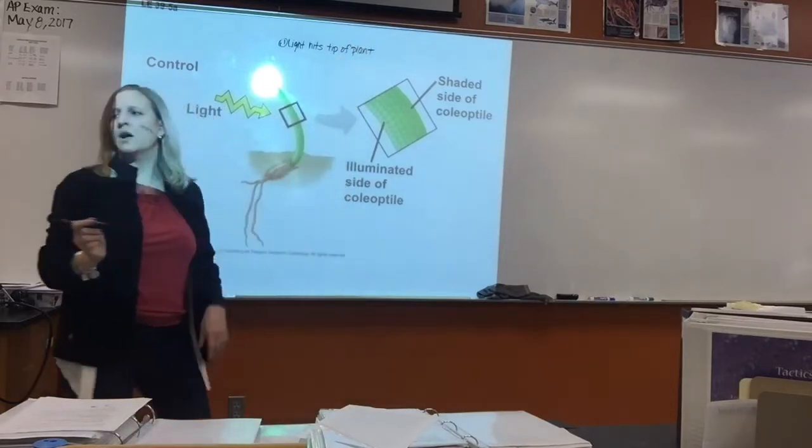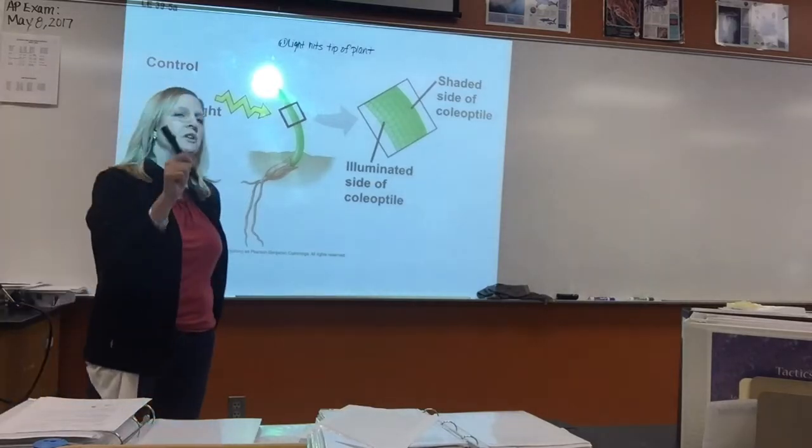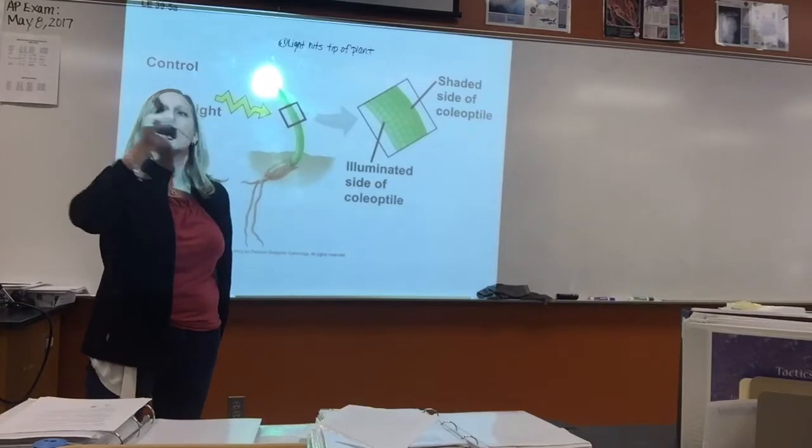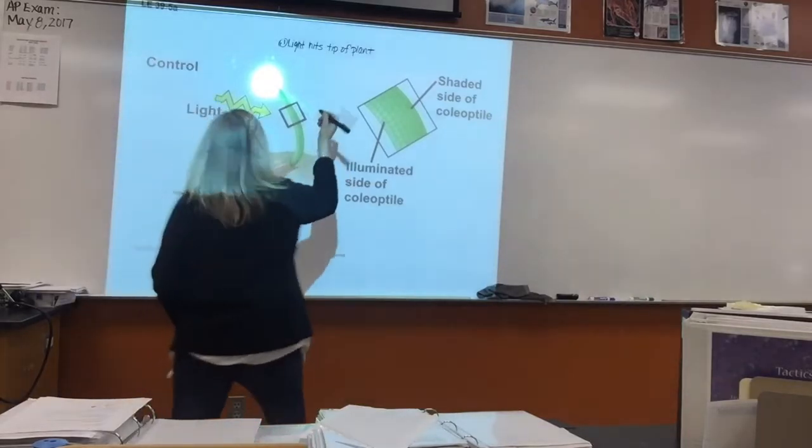What happens as a result of that? What is the tip going to do? Produces auxin. Does it produce auxin equally on all sides? No, it produces auxin on the shaded side.